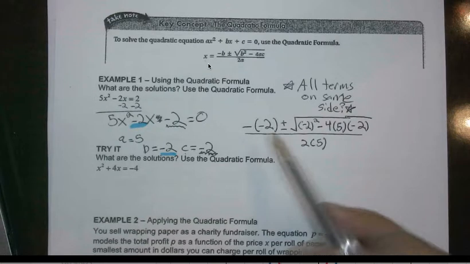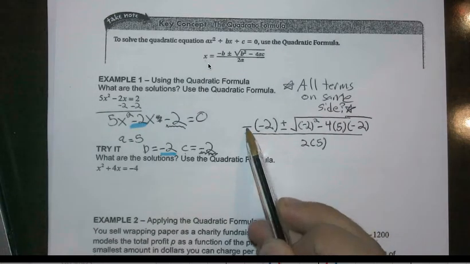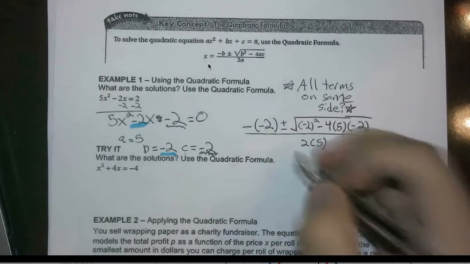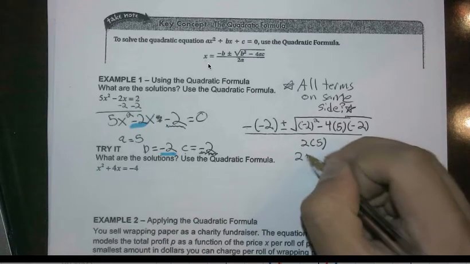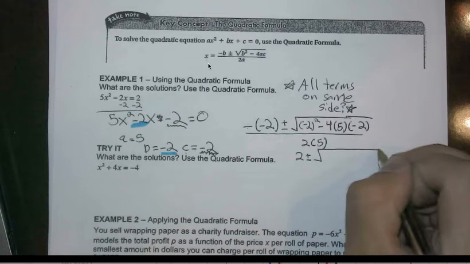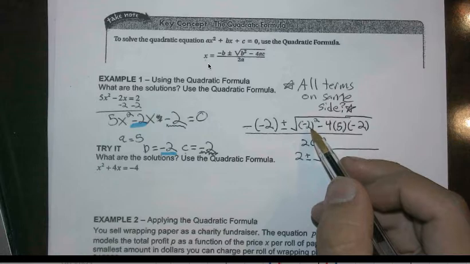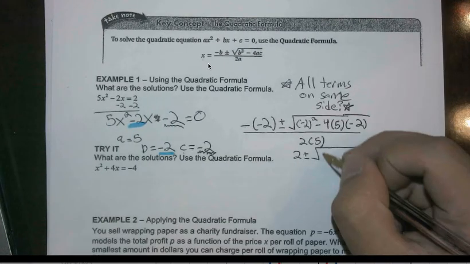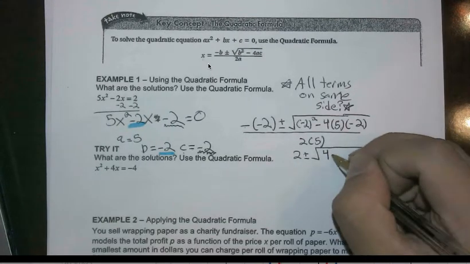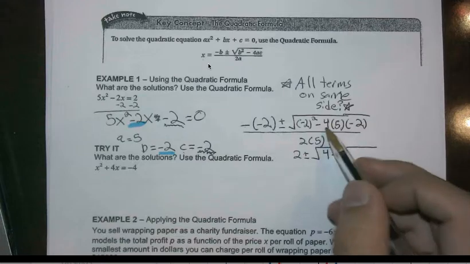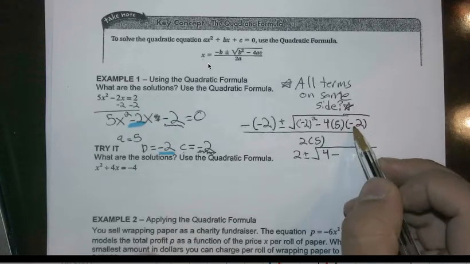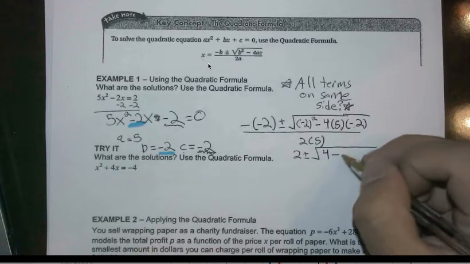So now it's up to you to really think strategically on your order of operations. So we have negative b, so the opposite of a negative 2 would just be positive 2. We have plus or minus. If we simplify inside parentheses, negative 2 squared is just 4. We're then subtracting the product of 4, 5, and negative 2. So this would be negative 40.